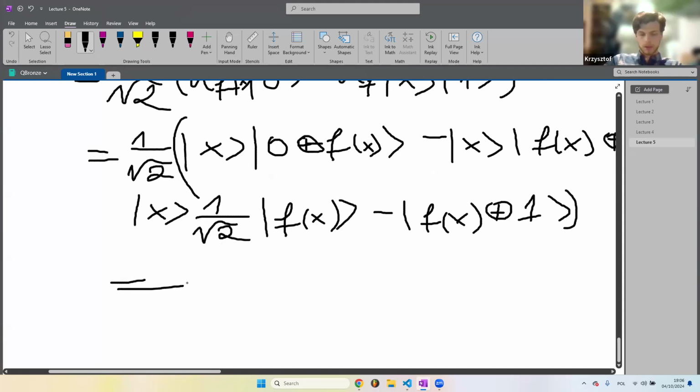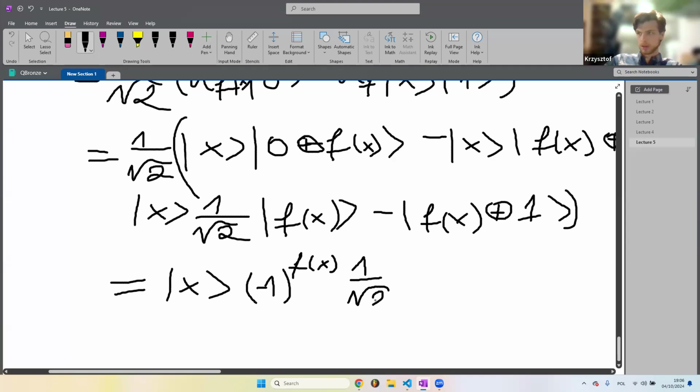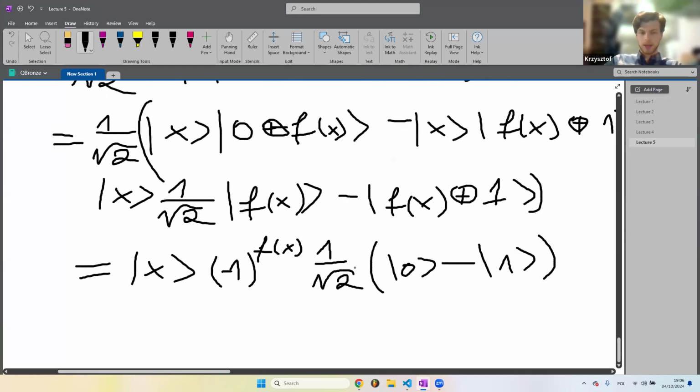So now we will write this in different form. So we will write minus 1 to the f of x, 1 over square root of 2 and superposition of 0 minus 1. And then why this is so?